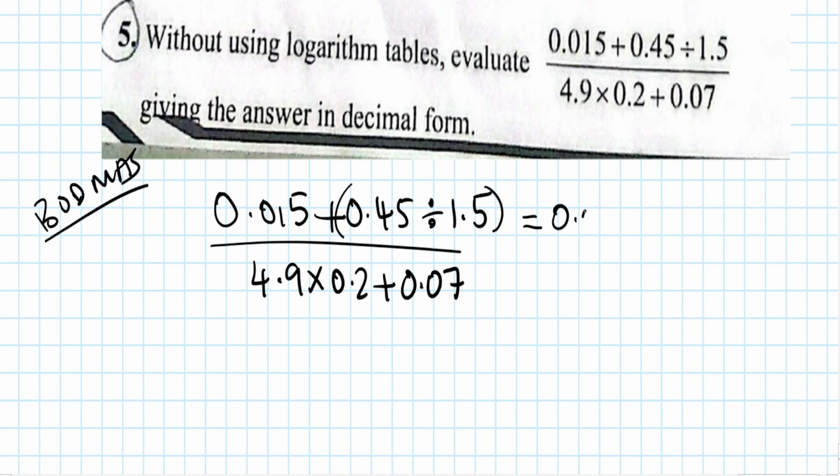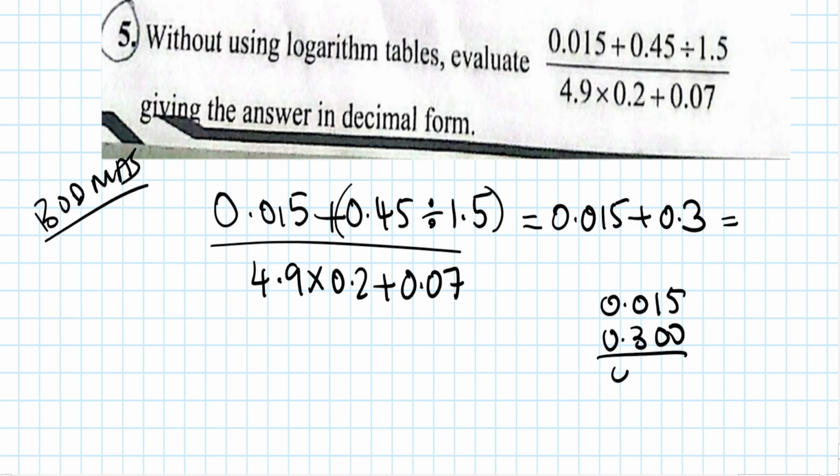So you get 0.015 plus 0.3. If you add them, you're going to get 0.315, as simple as that. You might think it's very hard, but it's very simple.